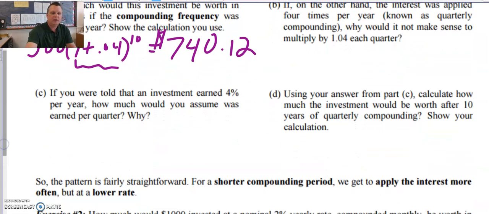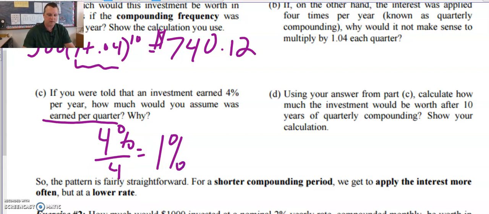We wanted to take this investment per quarter. What we would have to do is the 4% over 4, and that would give you 1%, okay, per quarter. And then that 1% would be that you have already accounted for.